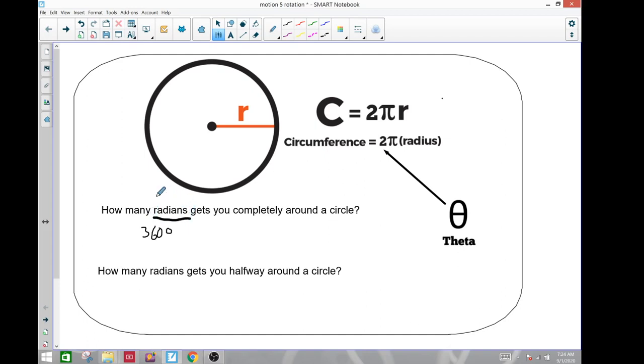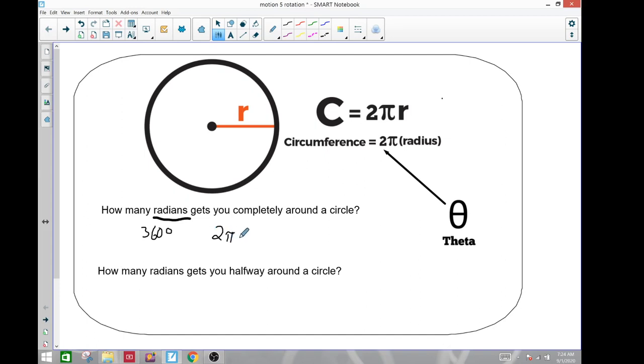Radians get you around a circle. So how many radians does it take to get you completely around a circle? It's 2 pi. Again, this might be the part that starts to cause students a little bit of nervousness. Like, why is this pi thing? What does this mean? It's just a number, really.